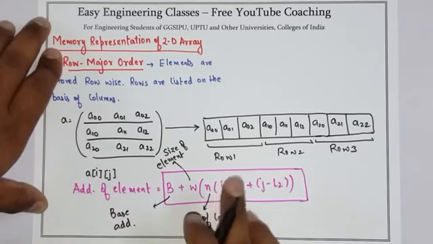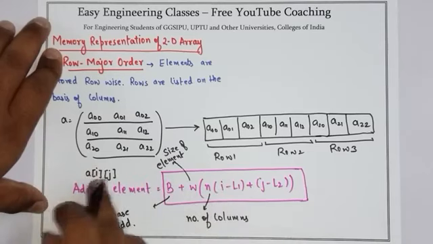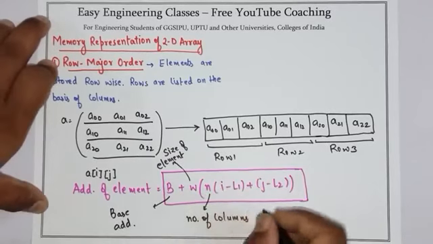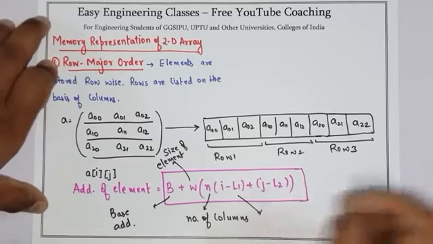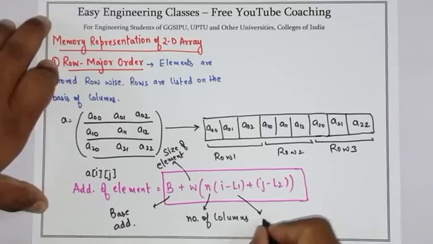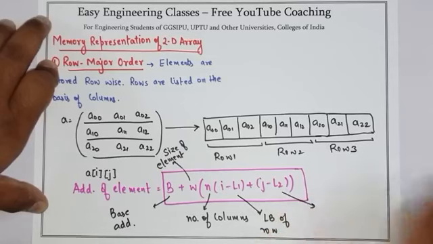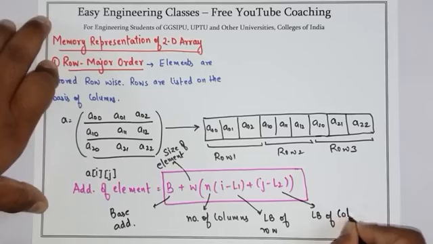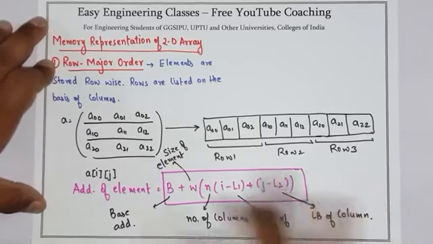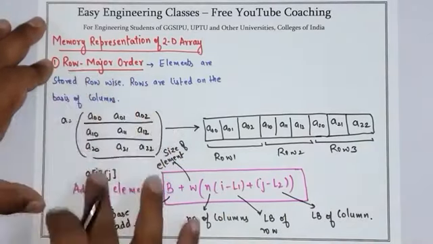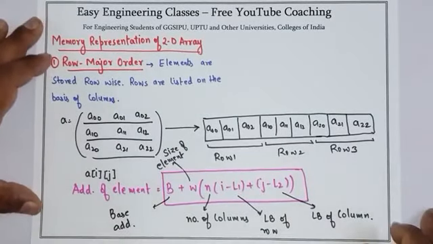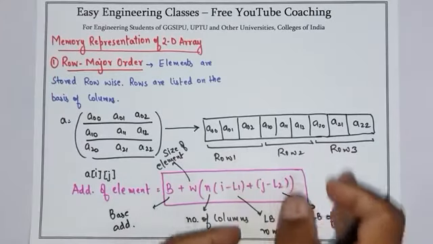So i is the desired row and j is the desired column of the element for which I have to find the address. L1 is the lower bound of row and L2 is the lower bound of column. So this is the formula from which you can find the address of an element using row major order. Now let's see one numerical based on this formula.